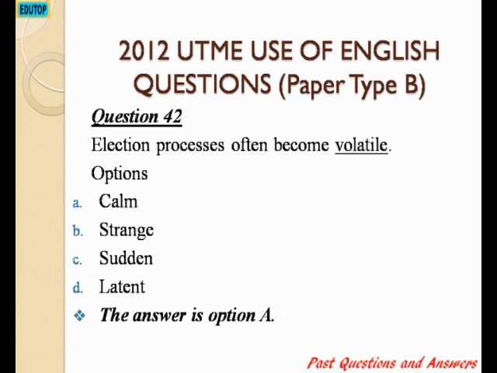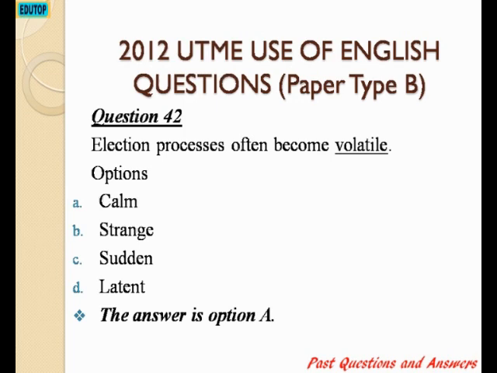Question 42. Election processes often become volatile. Volatile means likely to change in a very sudden or extreme way. So we have option A. Calm. B. Strange. C. Sudden. And D. Latent. Calm is the opposite of volatile. Strange means something that you are not familiar with.